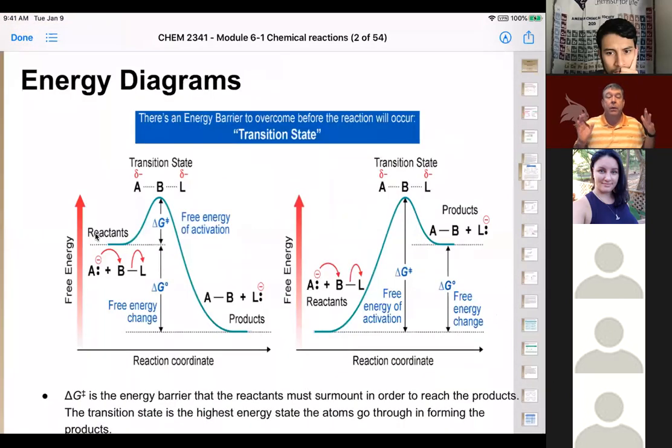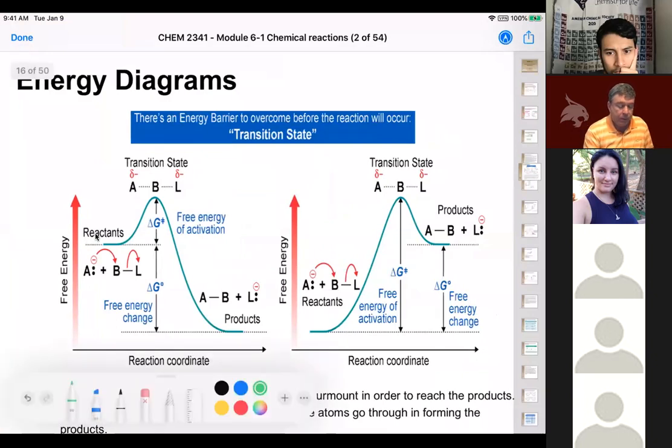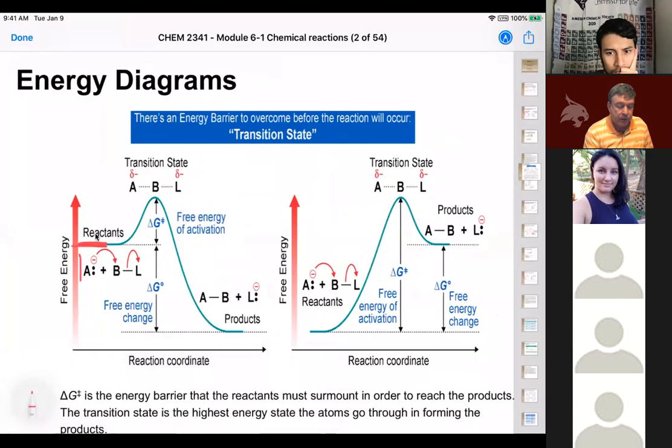The only thing that happens is your reactants start with a certain amount of energy associated with our starting materials. And we're going to add a little heat to the system to get the reactants to react.